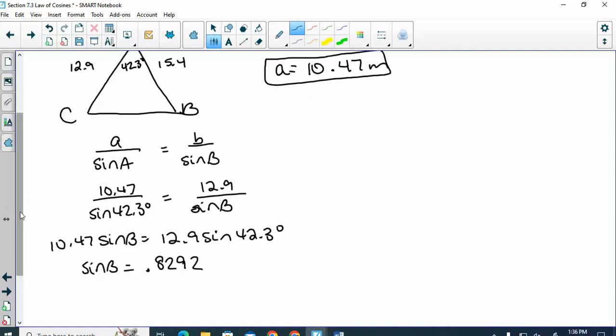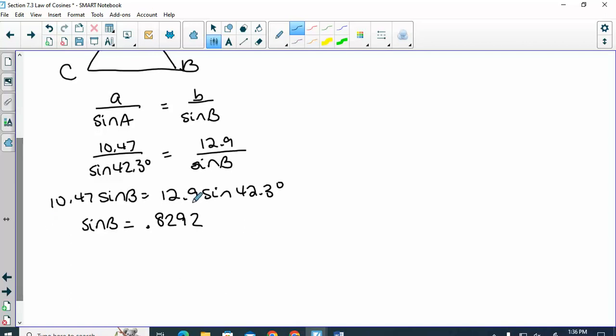Now, what do we have to consider? Sine is positive in both quadrants 1 and 2, so there could be two triangles. To get the reference angle, we do sine inverse.